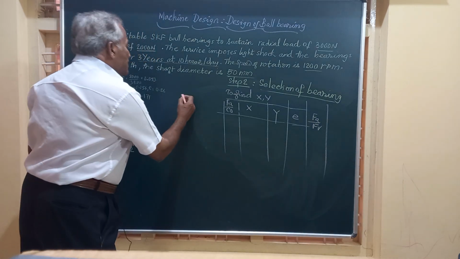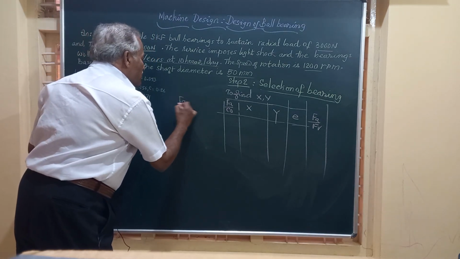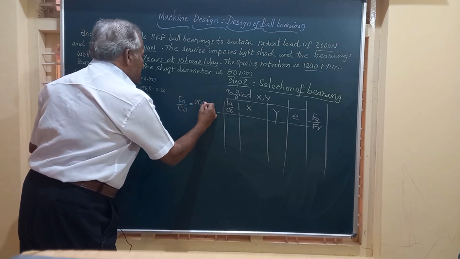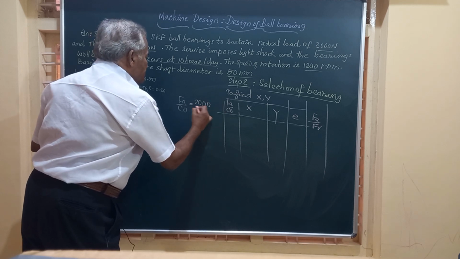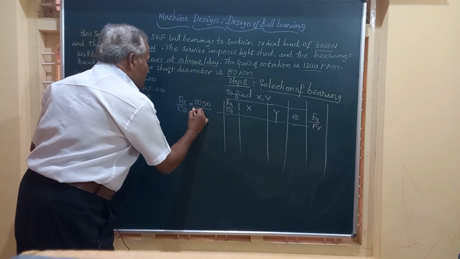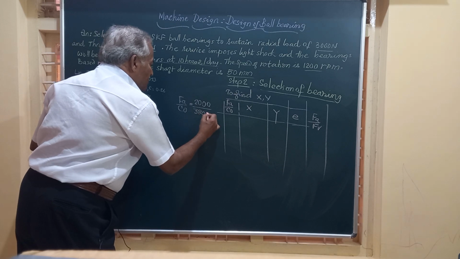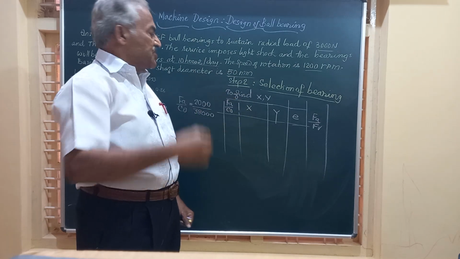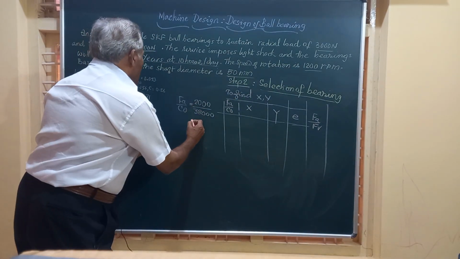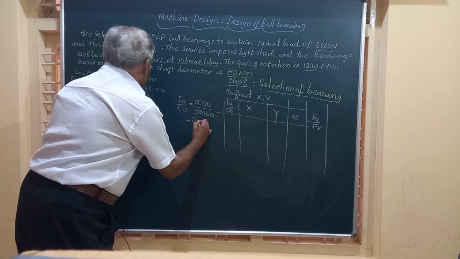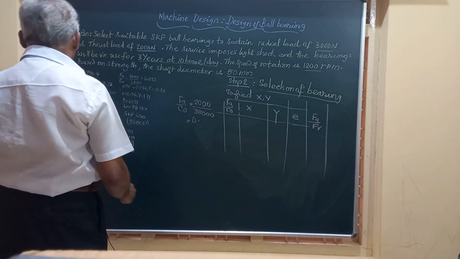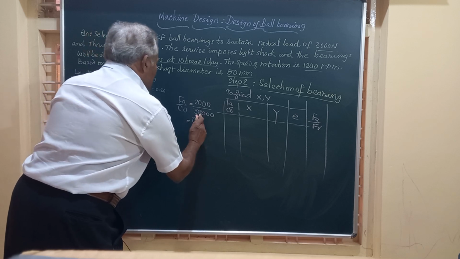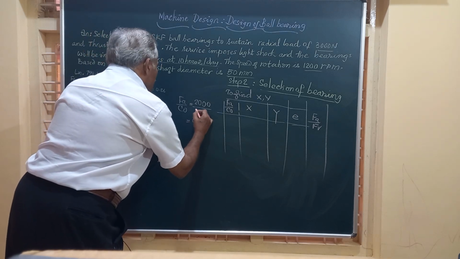Friends, for the given bearing, Fa over C naught is equal to Fa is 2000. C naught from the data handbook is 38,000. That is for 50 BC O2 bearing. If you refer to the machine design data handbook, you get this value, sorry, this value is 23,200.